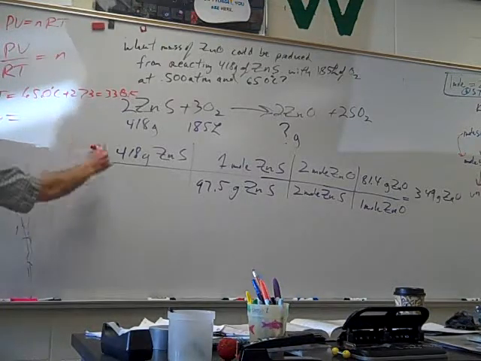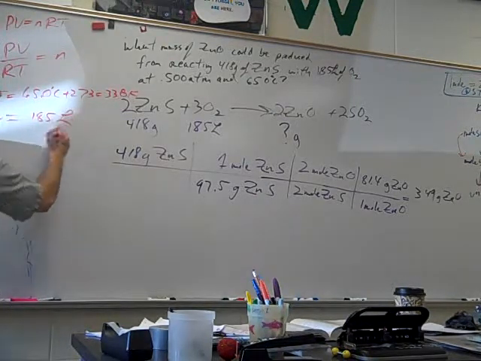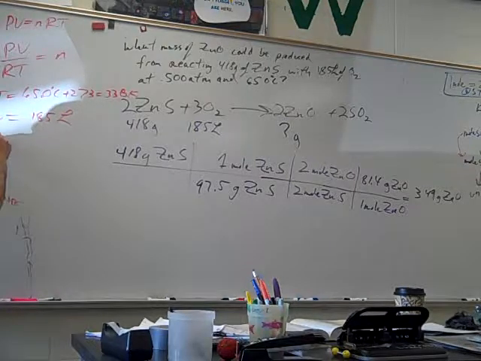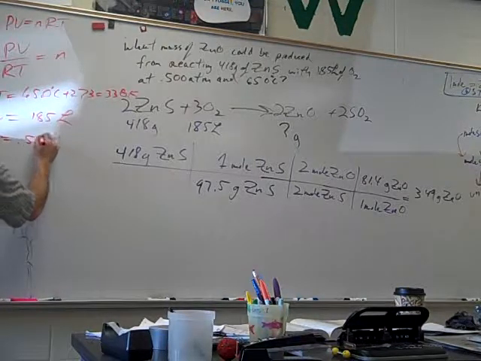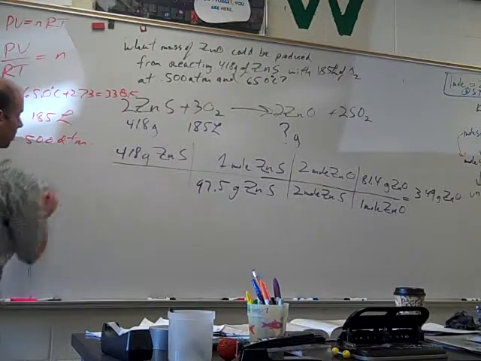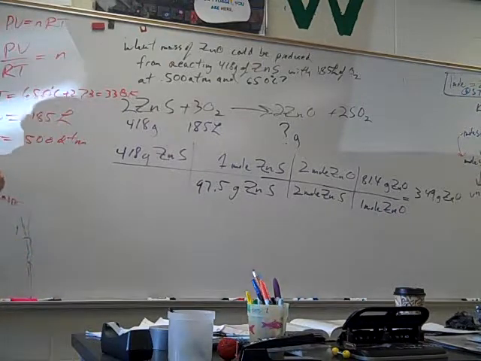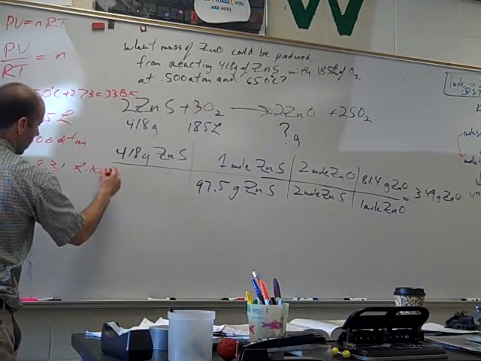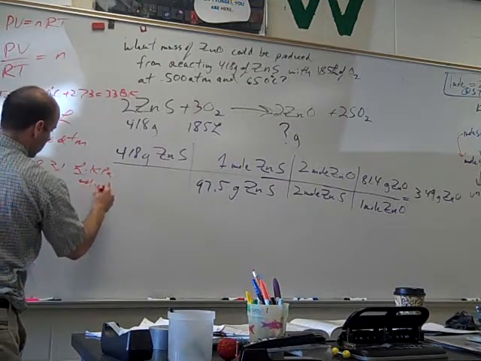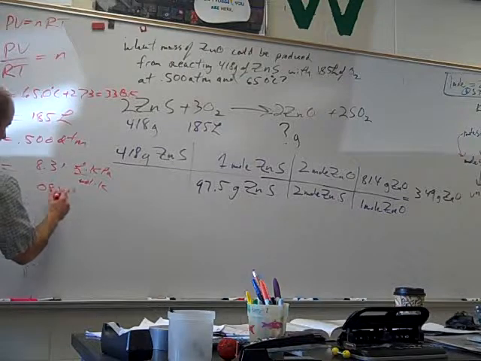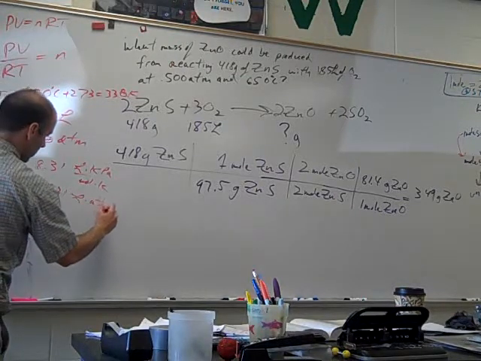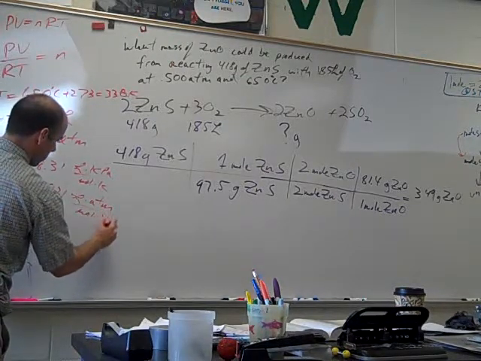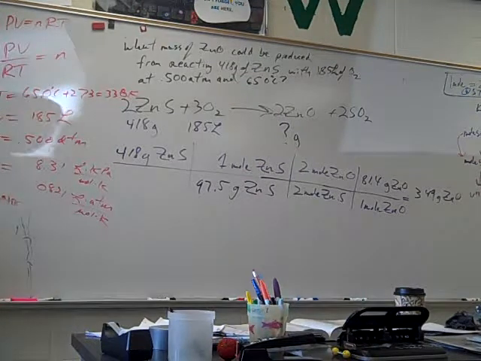Volume is 185. Our pressure is 0.500 atmospheres. And then our R value. Remember, R comes in two flavors. Liters kPa per mole Kelvin, or it comes in 0.0821 liters atmospheres per mole Kelvin.